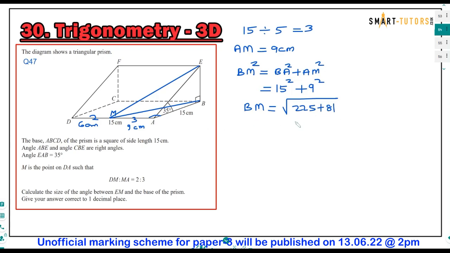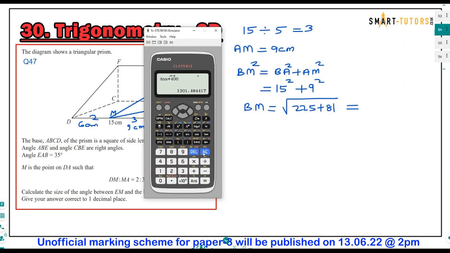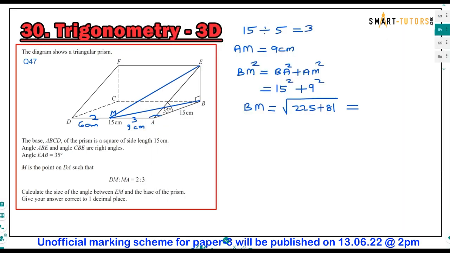After you find the BM, I press the calculator: square root of 225 plus 81, and the answer is 17.49. So 17.49 is the correct answer for the BM.